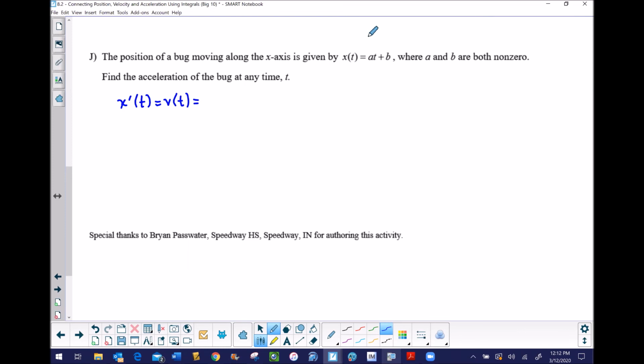If it helps, you could plug in some random numbers for a and b, like 2t minus 3. The derivative of this would be 2, of course. Because we don't have specific numbers, we use the same idea and realize that the derivative is just the coefficient of the t. So a is our derivative, a constant.